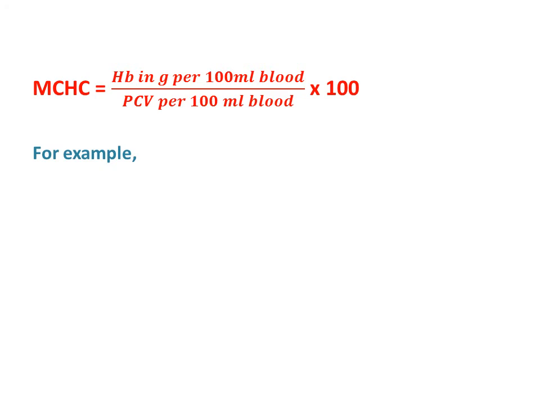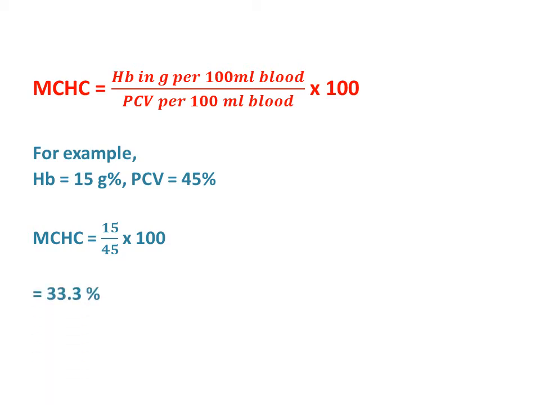For example, if hemoglobin content is 15 gram percent and PCV is 45%, then MCHC is equal to 15 by 45 into 100, which is equal to 33.3%. Normal range of MCHC is 30 to 36%.